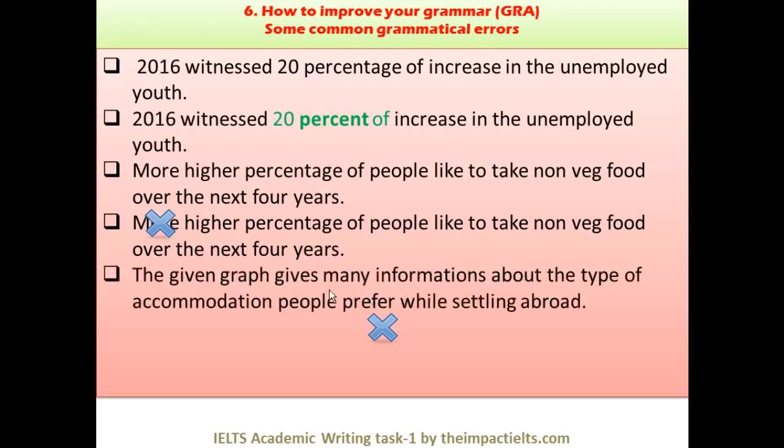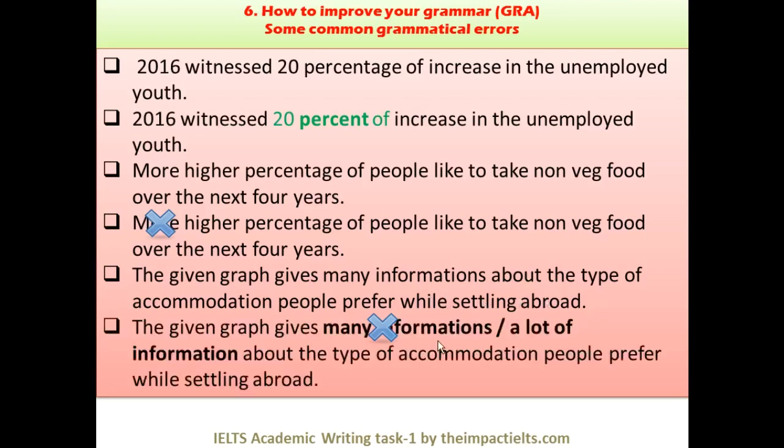The given graph gives many informations about the type of accommodation people prefer while settling abroad. Right, so what's the mistake here? Okay, what you can see here is we cannot say many informations. We have to say a lot of information. The reason is that information is an uncountable noun, so we cannot use s and we cannot use many.